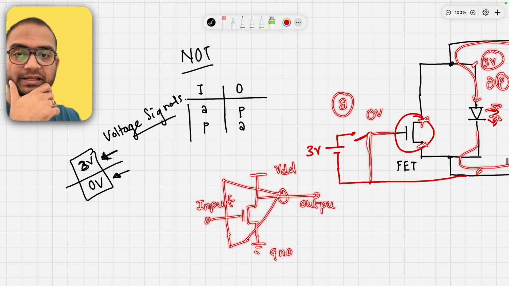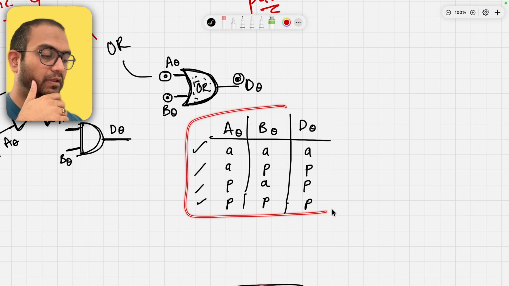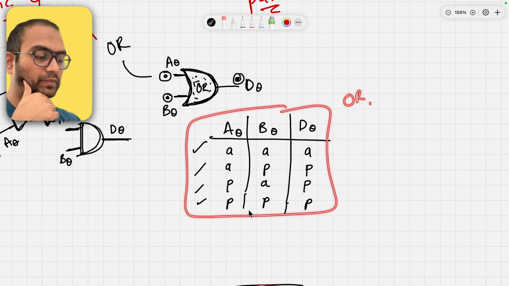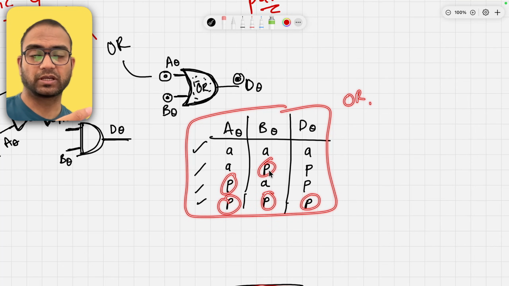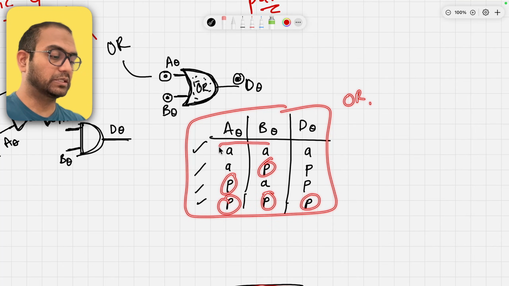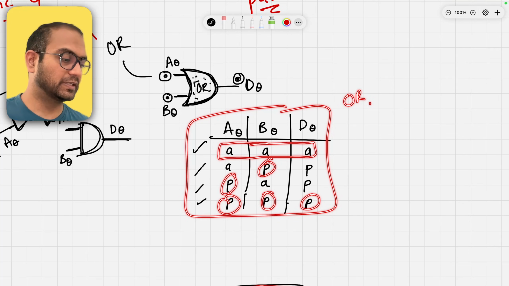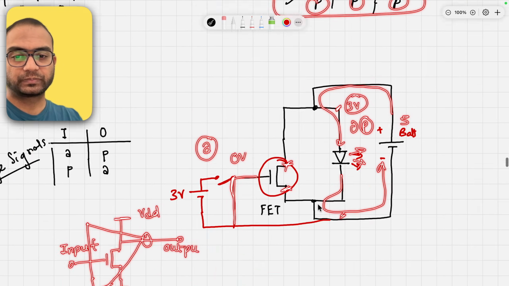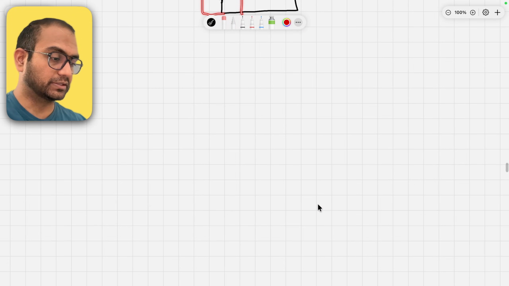And that is in alignment with the truth table of the OR gate. Output is present if either of or both of the inputs are present. The output is absent only when both the inputs are absent. So that's the idea. So that's then the OR gate, using again a transistor as a switch.